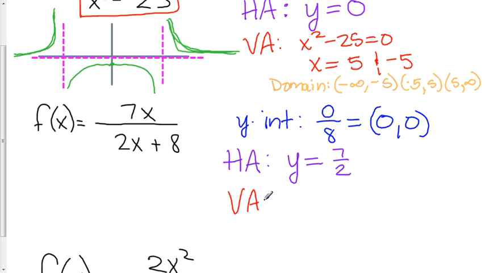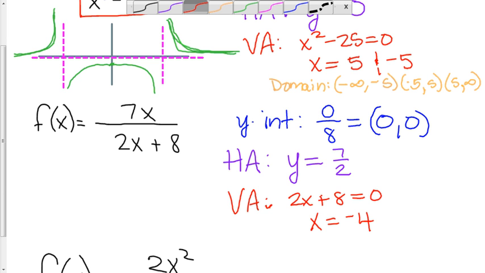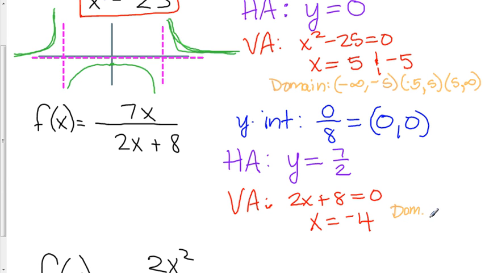Vertical asymptote, take the denominator and set it equal to 0, then solve it, and you will get x equals negative 4. And so since our vertical asymptote is at negative 4, the domain would be all reals except for negative 4.